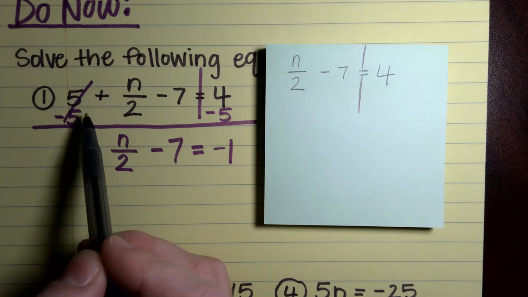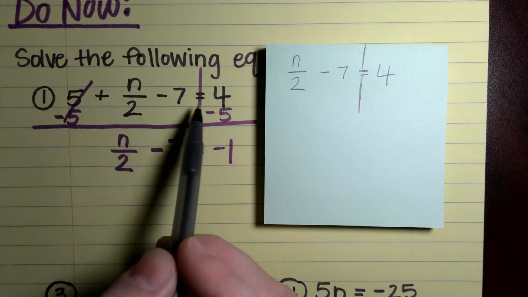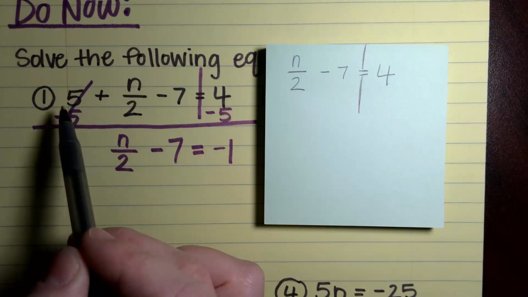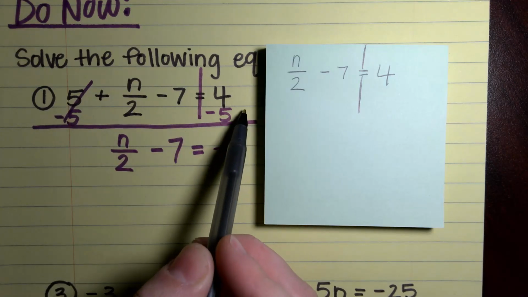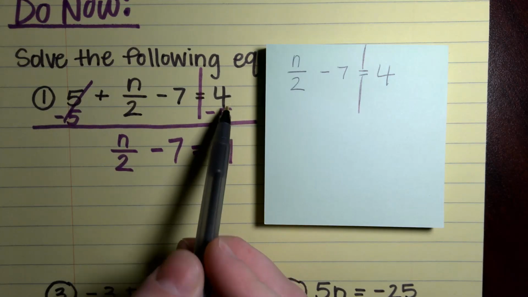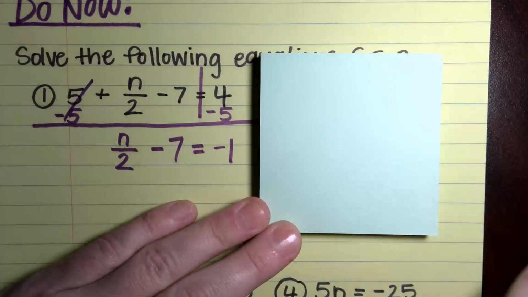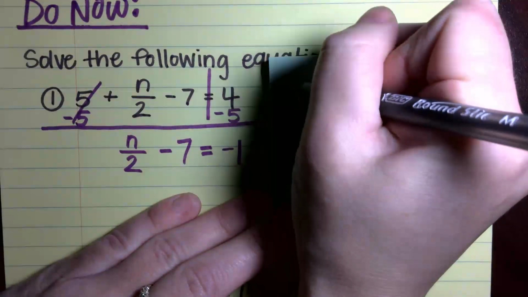So I already took away 5 on this side. So to keep that equal sign true, I've got to do the same thing on the other side of the equation.